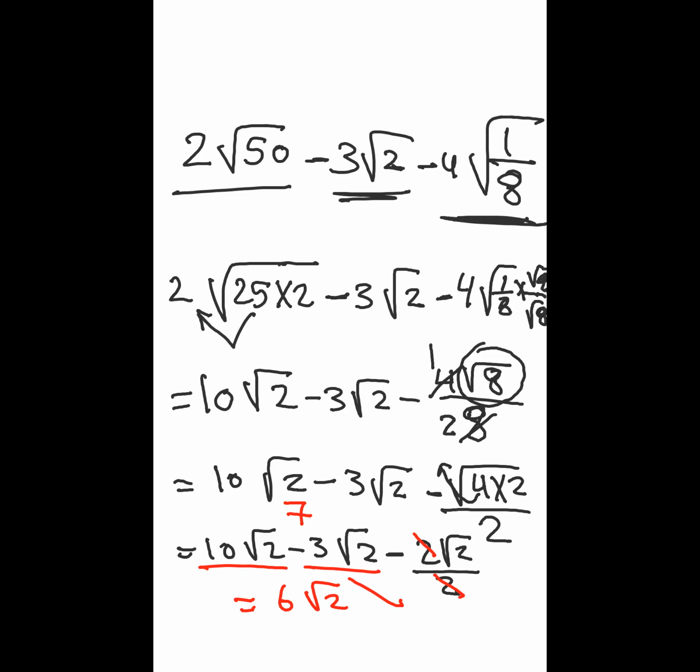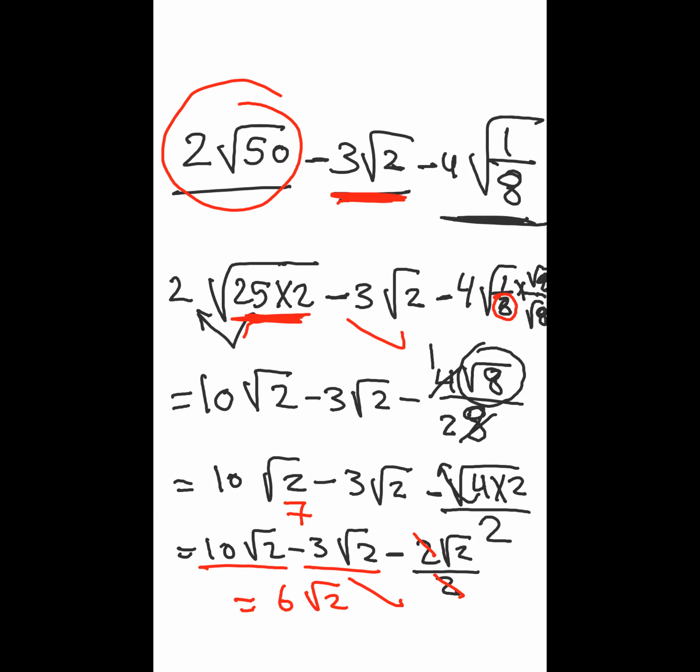We said that 50, we can factorize it to 25 times 2, right? So now 25 times 2 on the square root, then minus 3 square root of 2. Then this one, 4 times the square root of 1 over 8, we can multiply by square root of 8 over square root of 8.